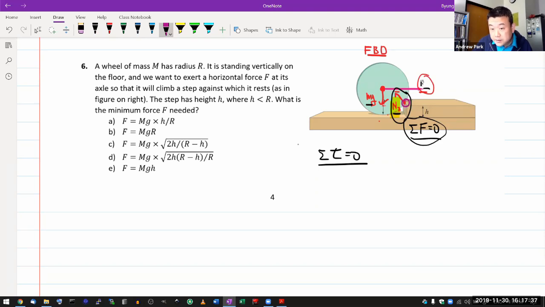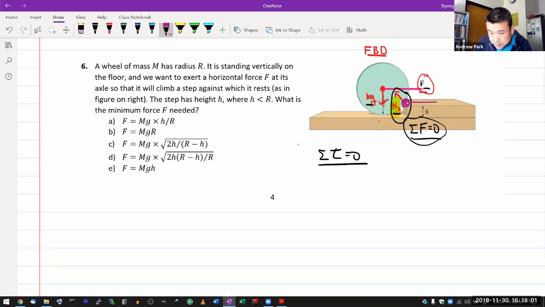I'm going to set it at this point of contact. This simplifies my problem because it separates whatever force N2 is from the torque that it'll be generating. It generates zero torque, whatever it is. So I only have to worry about torque due to the applied force.